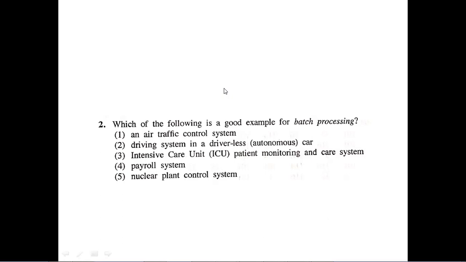And answer number 4, payroll system, that is the preparing of the salaries of the employees of an organization. That will be done just at the end of the month or at a particular date of the month, not every time an employee is working. So it will be done at the end of a particular period. So the correct answer is number 4.